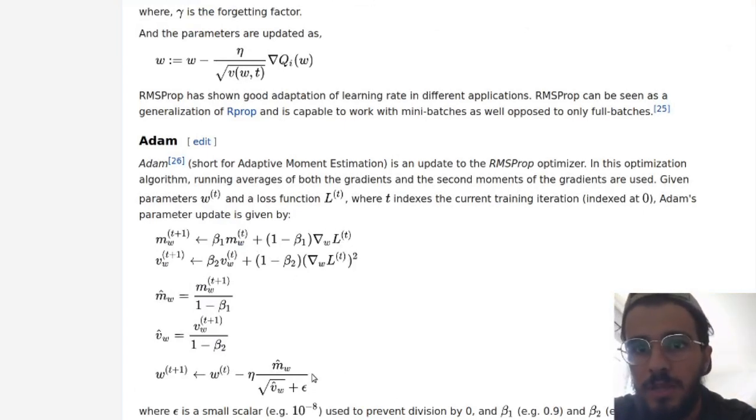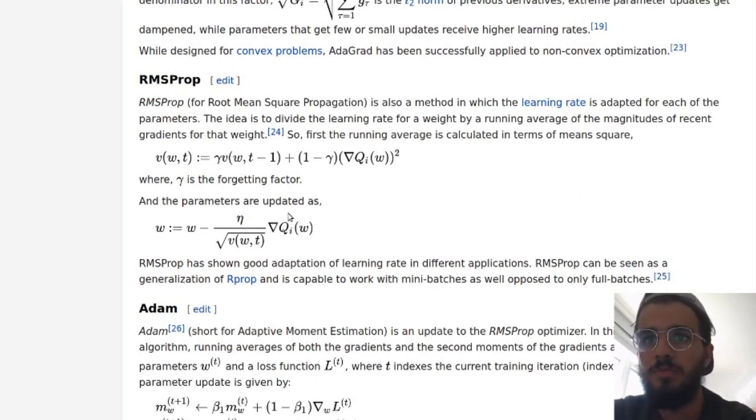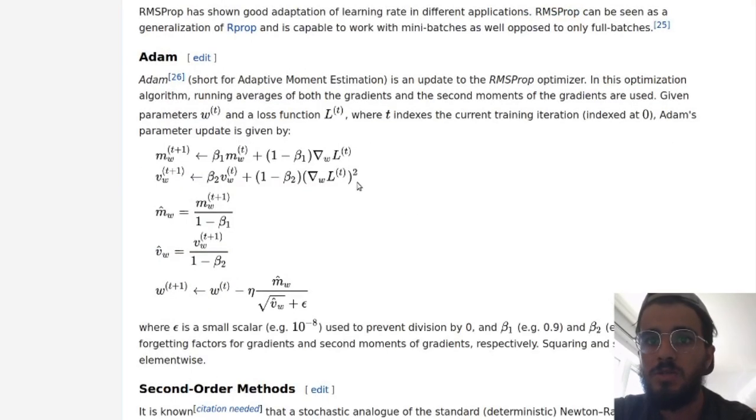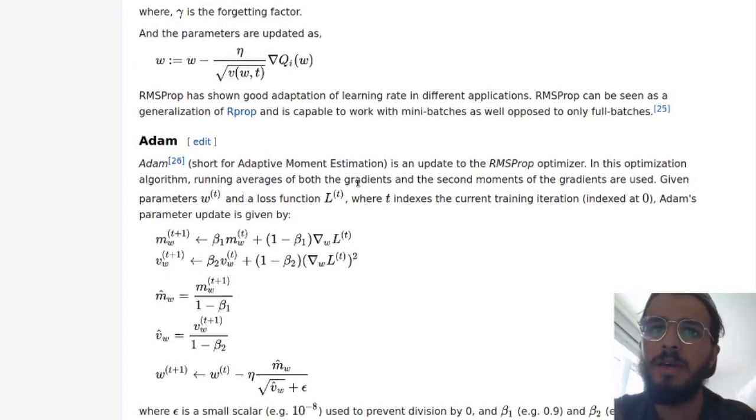And if you look, there is no gradient over here compared to this one where there's a gradient that we put there. So in some respect, if I look at this and I look at RMS prop, which I know, it's as if this is like this one, but with a running average, while here we just put the gradient.